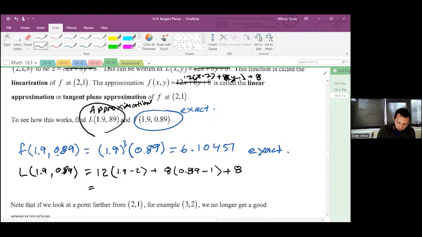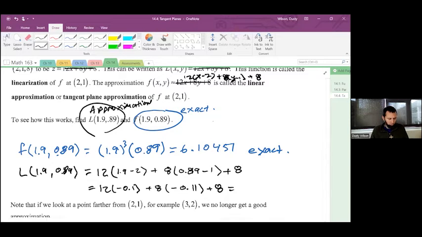Or this would be 12 times negative 0.1 plus 8 times negative 0.11 plus 8, which equals 5.92.